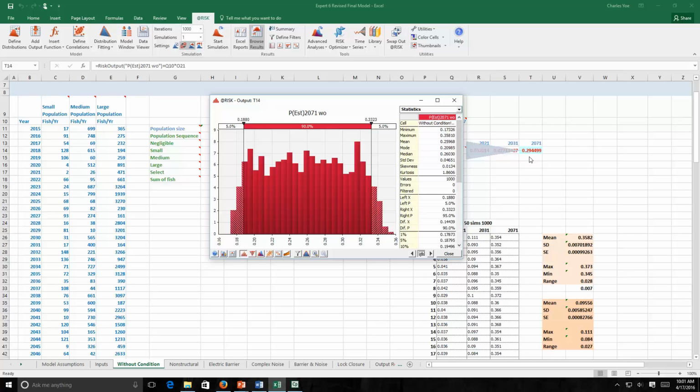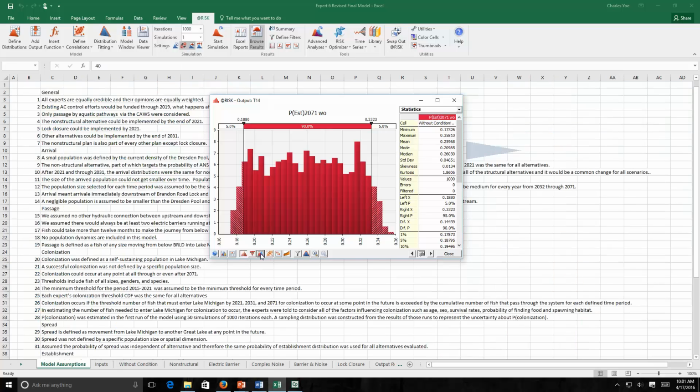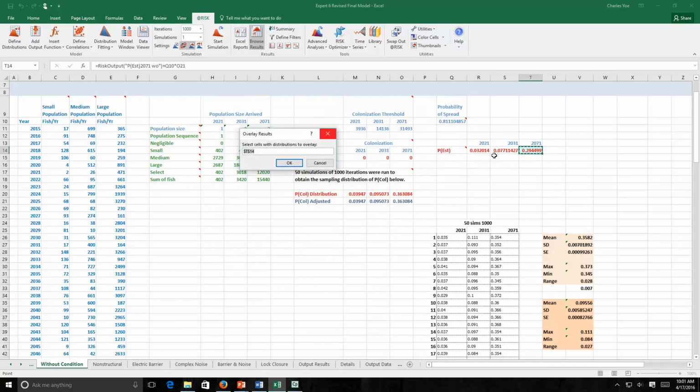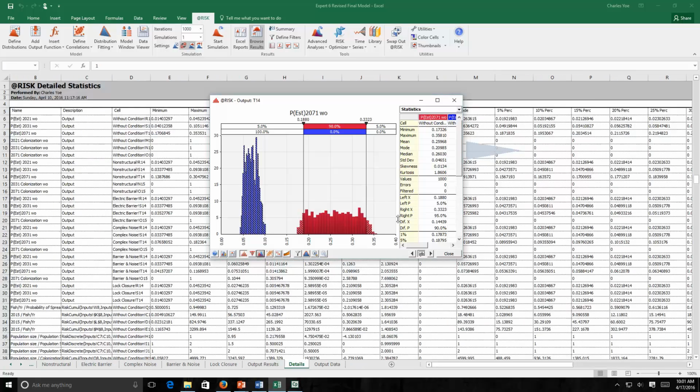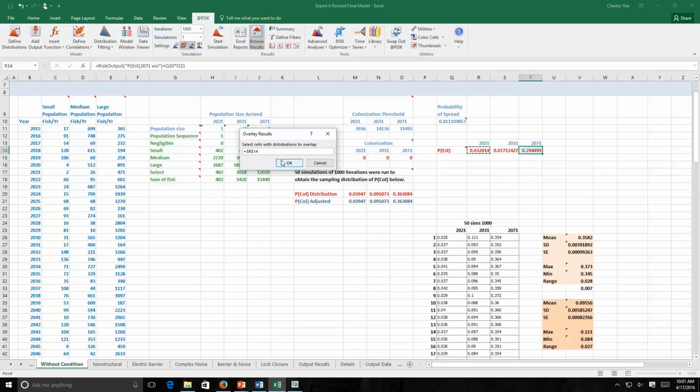What we're looking at is the probability of establishment by 2071. Let's take a look at how that compares to the probability of establishment by 2031. So I'm adding an overlay here. And you see I have this probability of establishment by 2031, this probability of establishment by 2071. I'll add another overlay so we can put 2021 on here also.